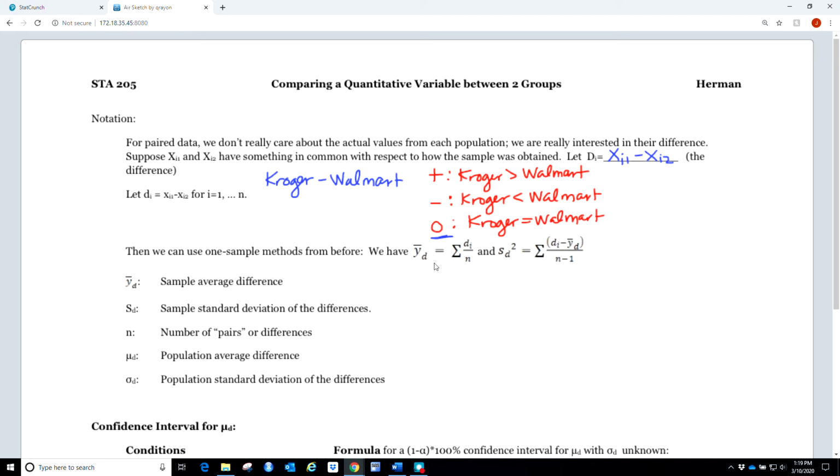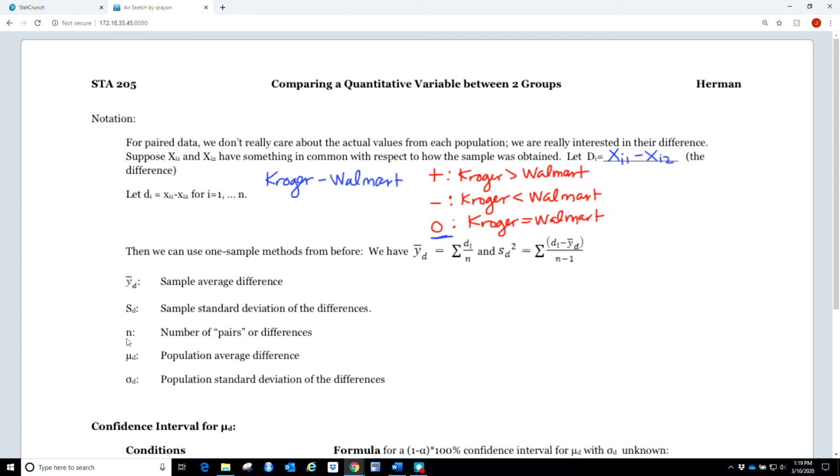And so how we would actually calculate that, which I'm not going to initially make you do here, is just that you add up all of those differences and divide by how many of those that you have. And then we also have our standard deviation of the differences. Again, that little d, just to emphasize that it's of the differences that we're finding.